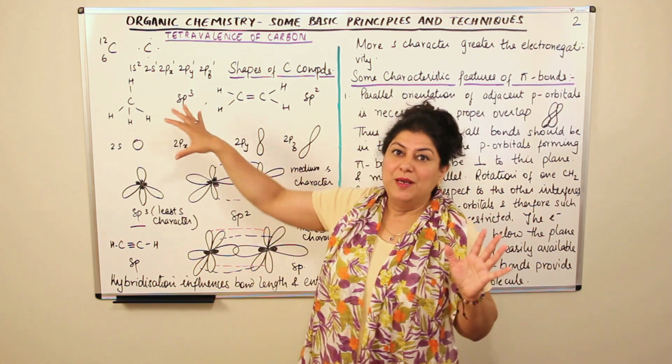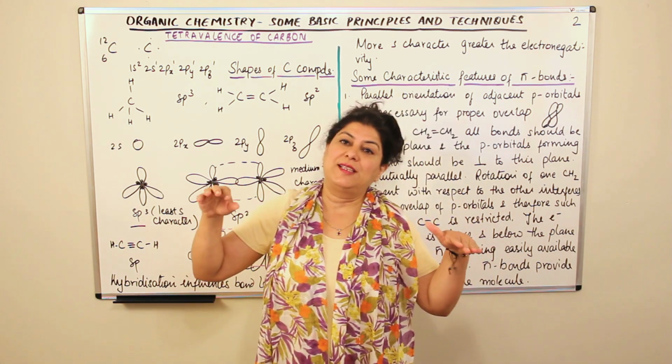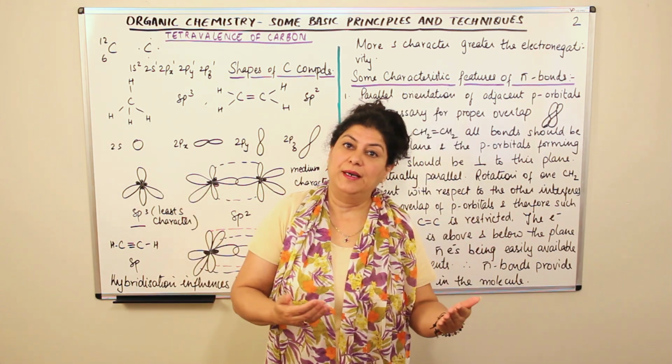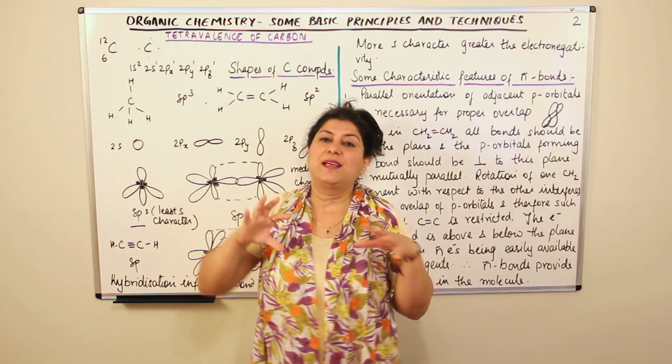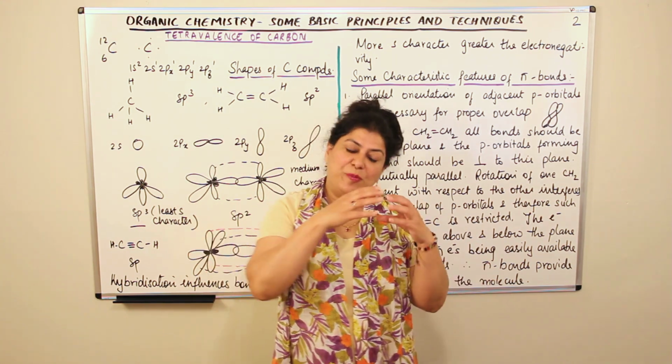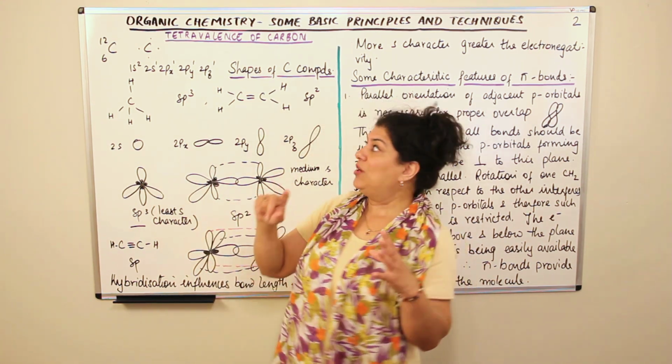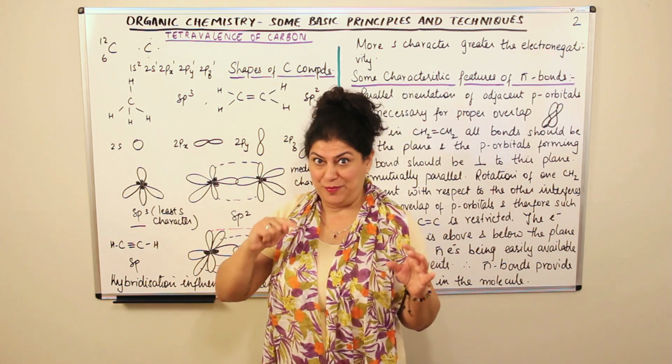So it's the same. There are 4 orbitals that are available to form bonding, but these 4 orbitals are not the same. The s orbital is spherical in nature, while the p orbital is a dumbbell in shape.